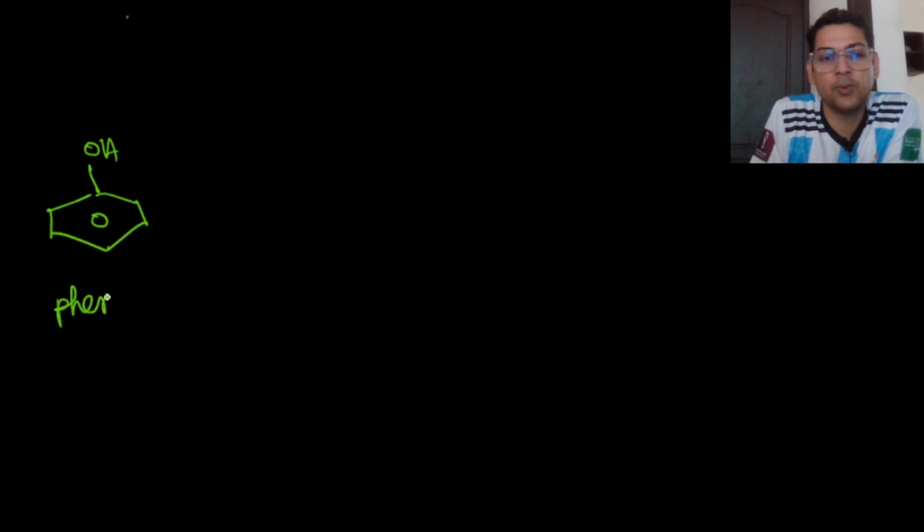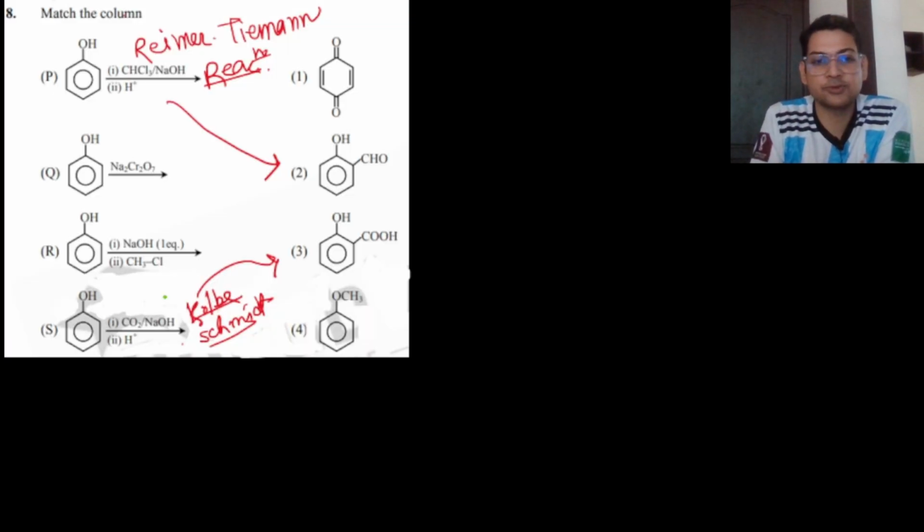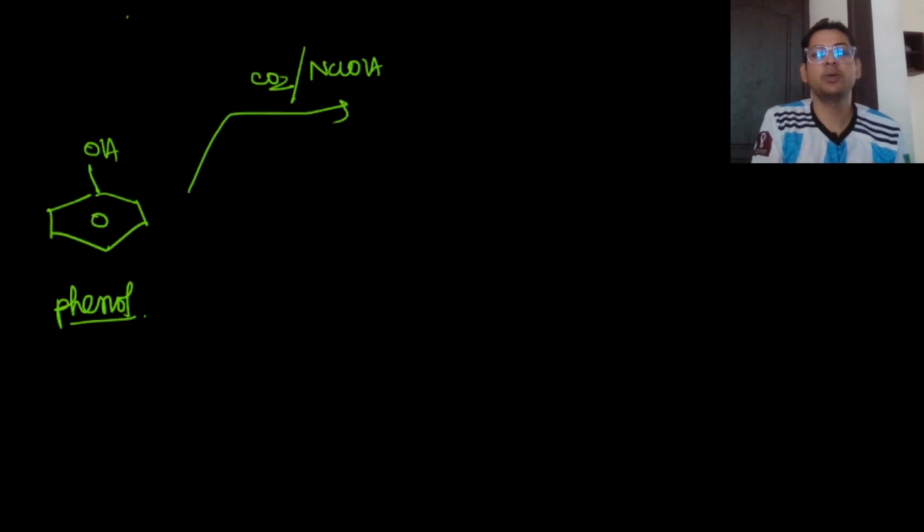From phenol, there are 2 important reactions that you have to know at any cost. Phenol is reacted with CO2/NaOH, like the last one, and then after that it undergoes hydrolysis.